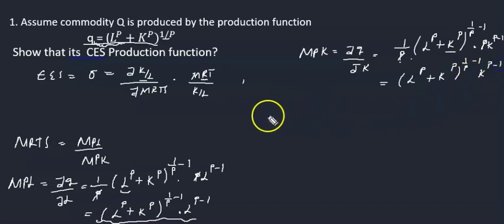So the second thing is to get the MRTS now. We have the marginal product of labor here, so we can just divide these two.